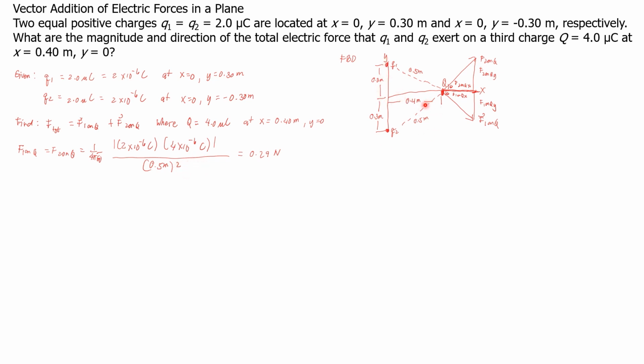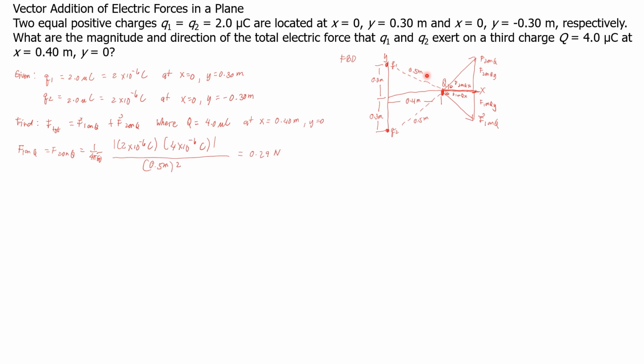So we need to recall our trigonometry. Since this side is given as 0.3 and this one is 0.4, we have a right triangle. So we can calculate this side using the trigonometric concept. You square the 0.3 meters plus the 0.4 squared, and the square root of this is equal to 0.5 meters.